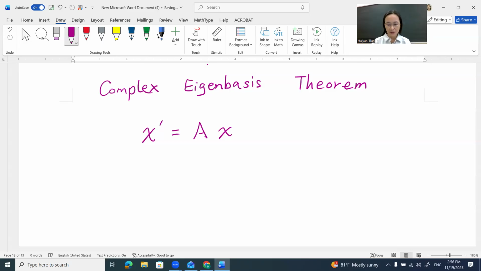Some additional assumptions: we suppose the size of the matrix, N by N, is an even number. So we represent the even number as 2 times some integer P, a positive integer P.